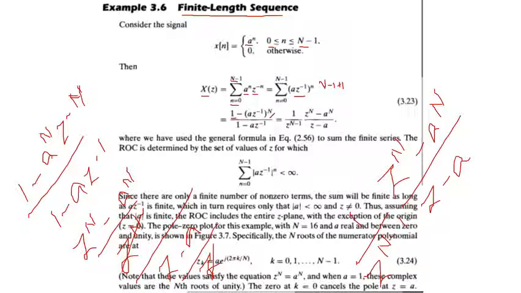Now if you look at this, we have a pole at z equal to a, then a pole at z equal to 0, and then n zeros at a raised to the power n. So how can we find these zeros? We can find them with the help of a formula.